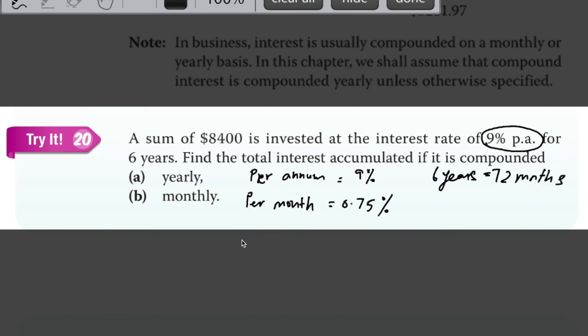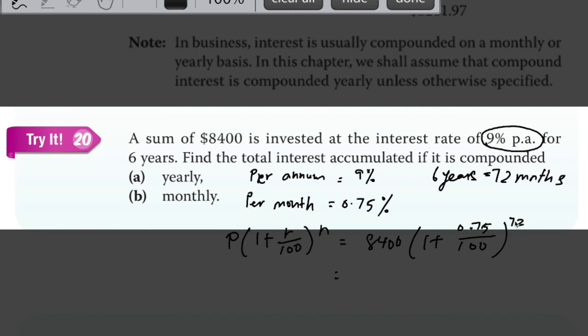So let's start on our calculations now. Principal amount, remember, let's just recap this. We treat it as 8,400 times 1 plus 0.75 over 100, to the power of 72 months. This will be the number of times it's going to repeat, like the cycle.